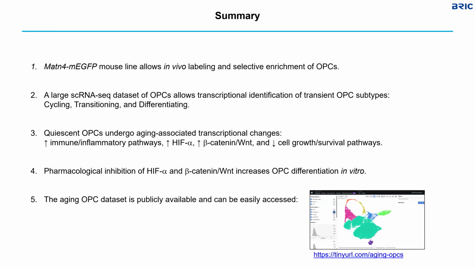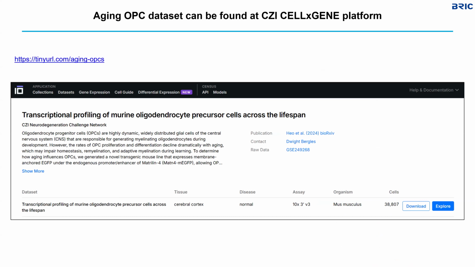So here, if you were to click this link, it will take you to this website. I've hosted the data set on the Chan Zuckerberg Initiative CZI CELLxGENE platform. Here you can not only look at the data, but also download the data set so that you can analyze it yourself. But if you didn't want to download the raw data and just wanted to play with the data, you can click on Explore.